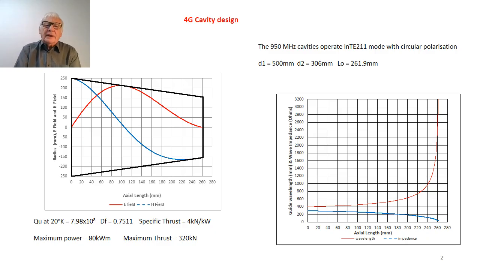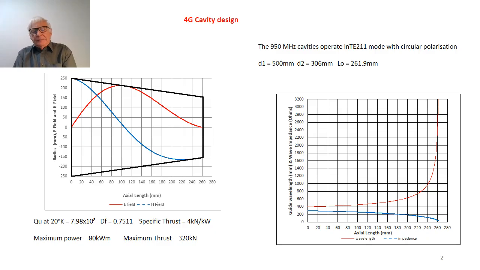D1, large end plate diameter, is 500 millimeters. D2, the small end plate diameter, is 306 millimeters, and the internal axial length is 261.9 millimeters.